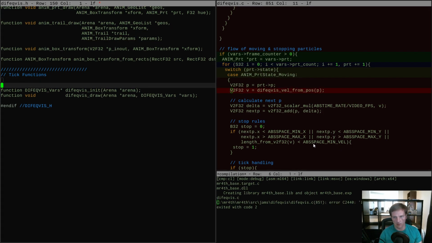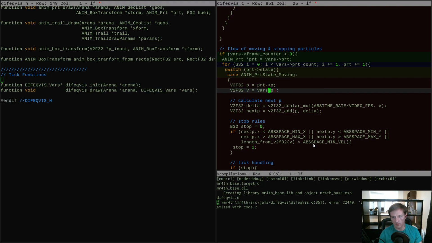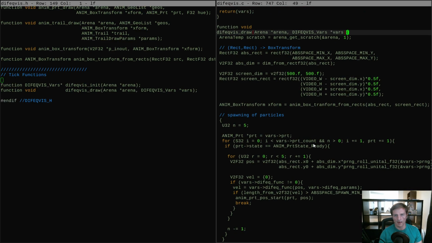So I think we can do the same thing here. diffeqfunc with params gives us a velocity.